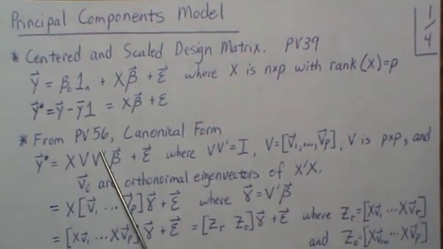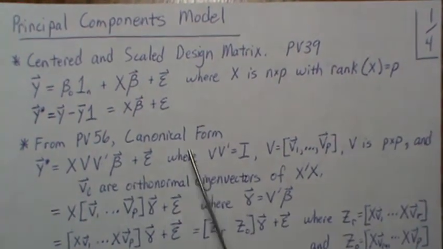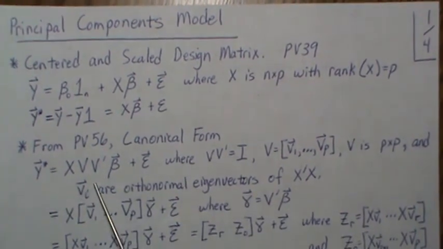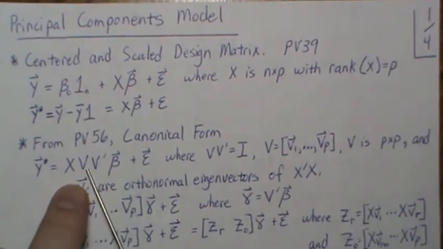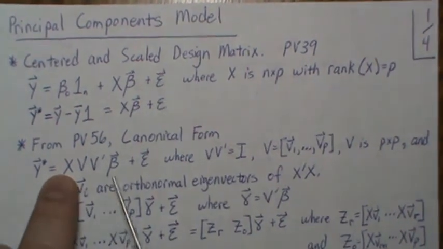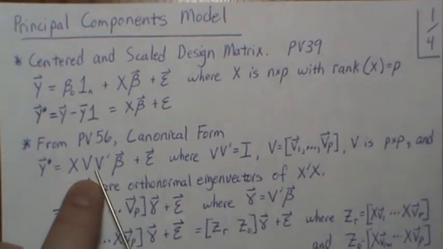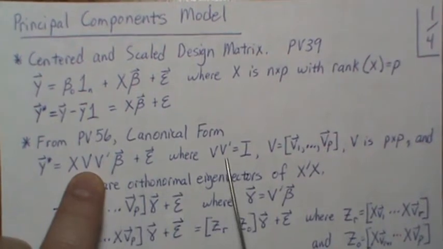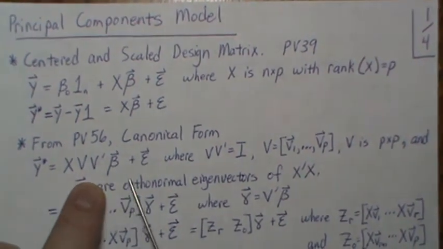And then this comes down. From previous video 56 on the canonical form, we multiply in between X and beta V prime V, which is the identity matrix, so it doesn't change the model.